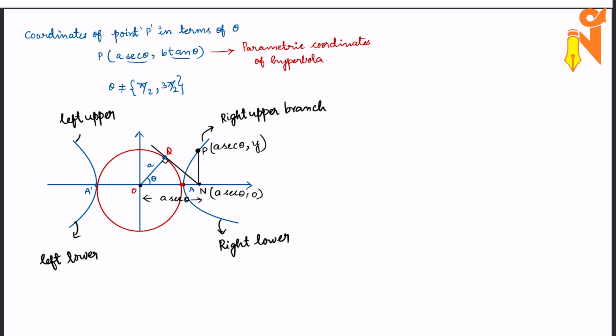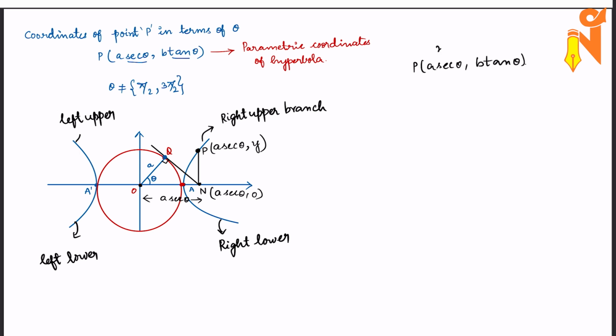The reason for dividing like this: in this case my point P lies on the right upper branch. Similarly, we have to find for what value of theta my point P will lie on the different branches. So we know the coordinate is A secant theta, comma B tan theta.